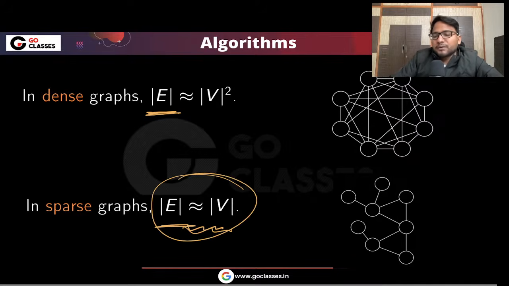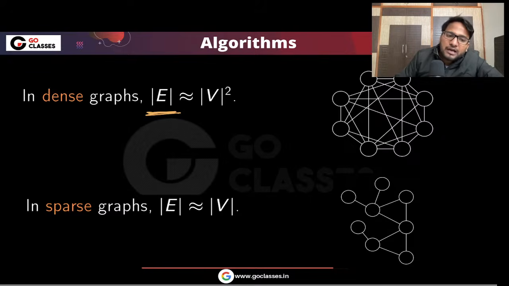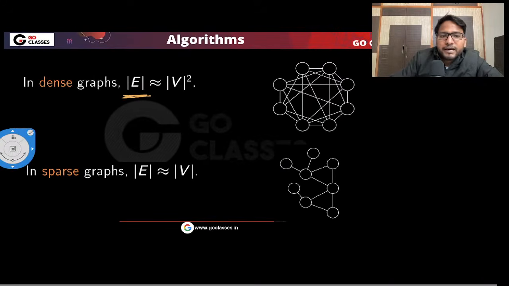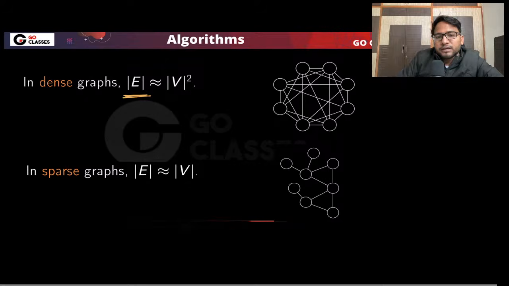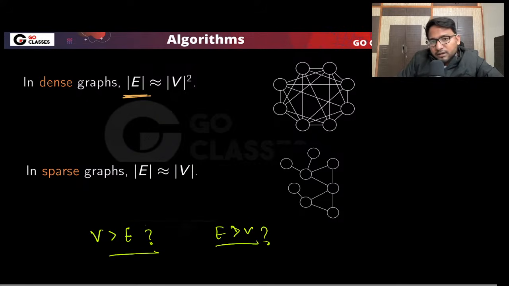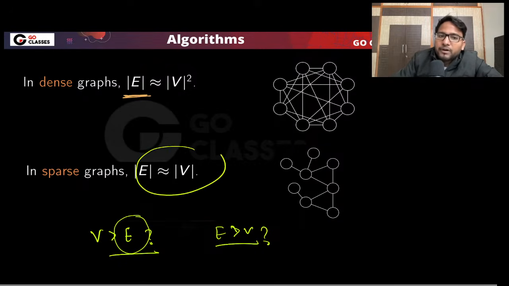So basically, if someone asks you, is E greater than V, or is V greater than E always, then you will say that E and V can even be equal, can even be almost equal.